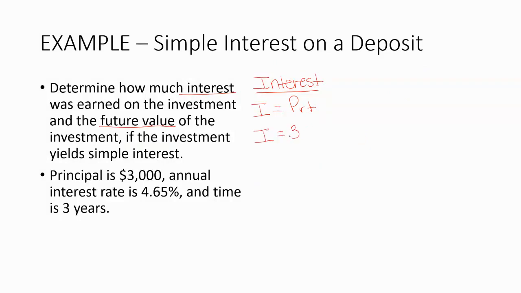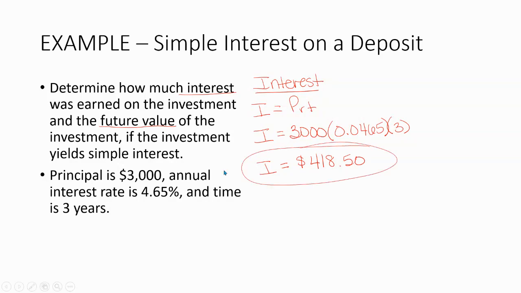So interest is equal to 3,000 times my rate as a decimal times the time, which is 3 years. Interest is equal to 3,000 times 0.0465 times 3, which is $418.50.